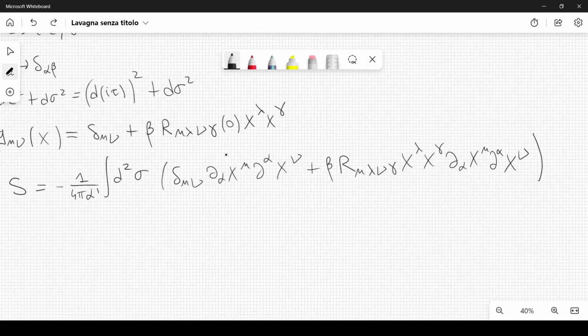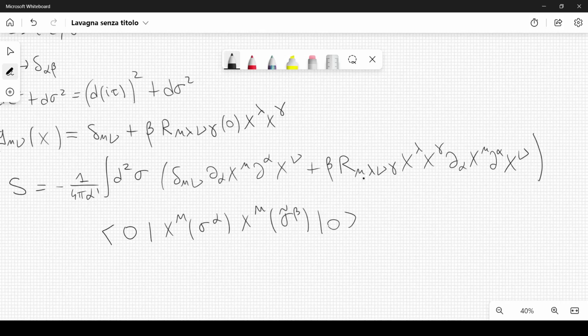To see how the particle evolves, in quantum field theory we take the vacuum expectation, or the so-called propagator. We have something of this kind: 0, x^μ of sigma alpha, x^μ of sigma tilde beta acting on the vacuum here.